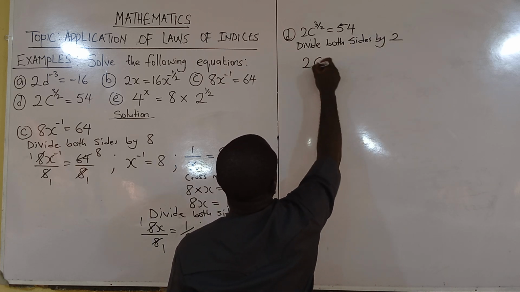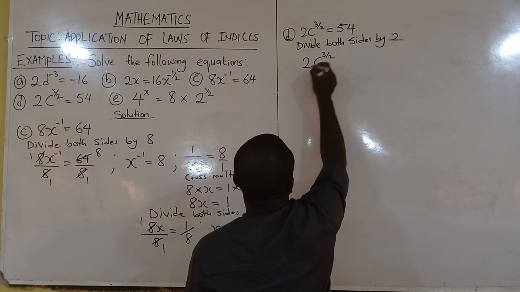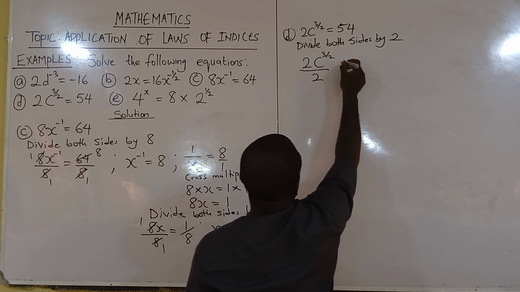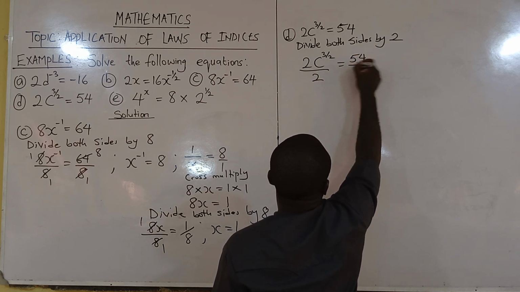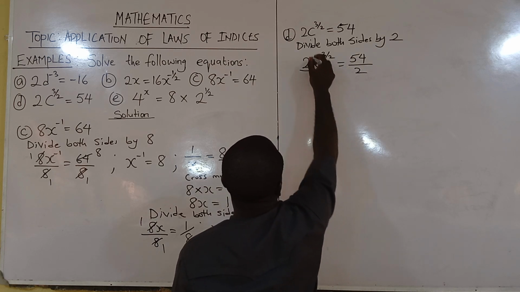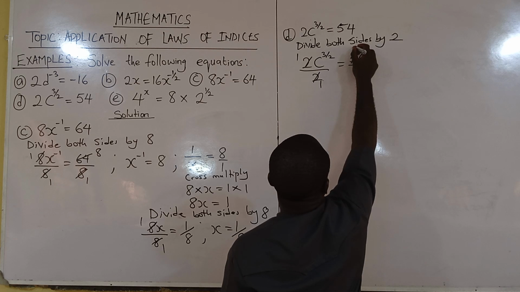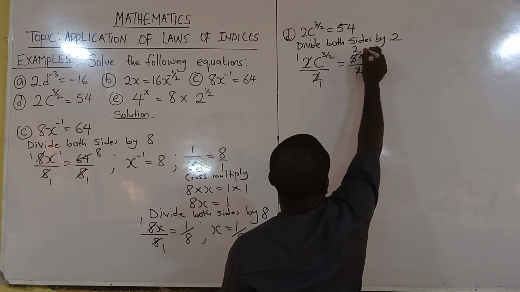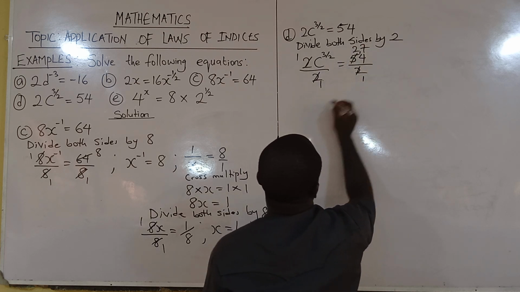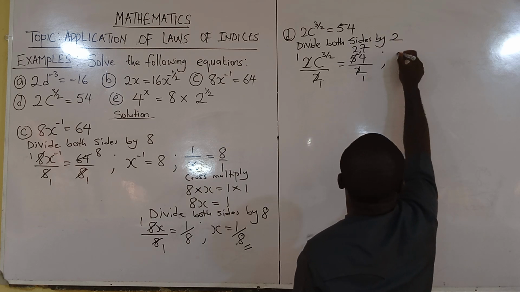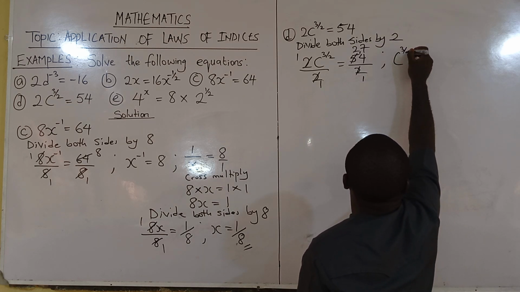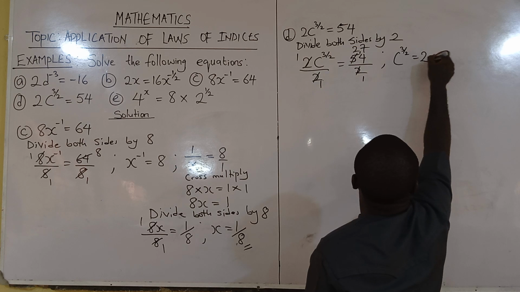Now we have 2c raised to power 3 over 2 divided by 2 equals 54 divided by 2. 2 in 5, 2 remainder 1, that's 14, 2 in 14, 7. You now have c raised to power 3 over 2 equals 27.